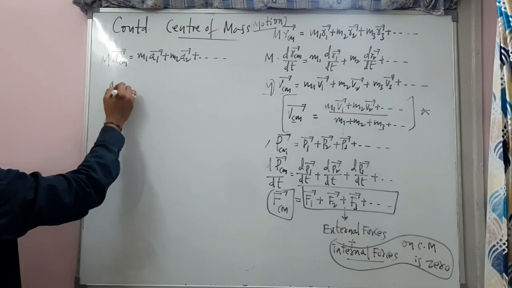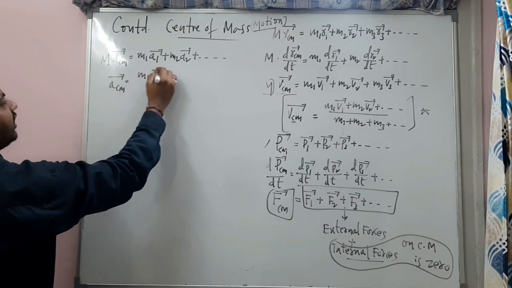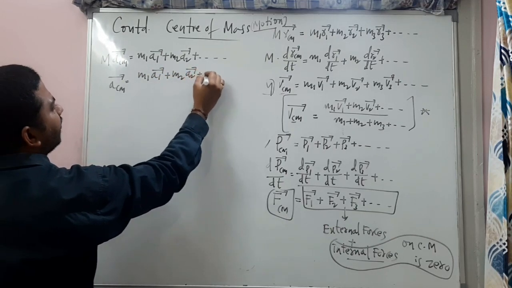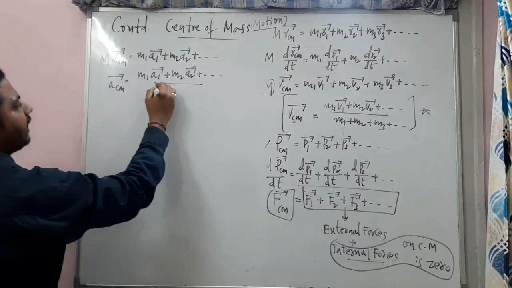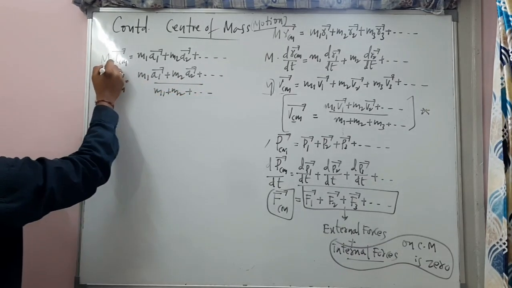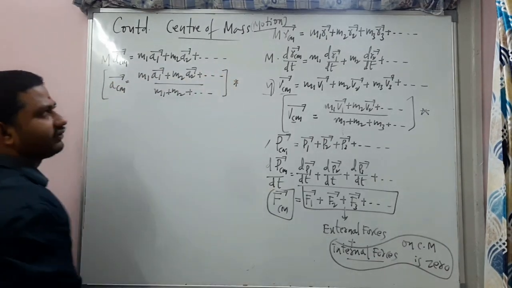And acceleration of the center of mass, we can write it as m1a1 bar plus m2a2 bar plus so on, divided by m1 plus m2 plus m3 plus so on. So this is also an important point, acceleration of the center of mass.